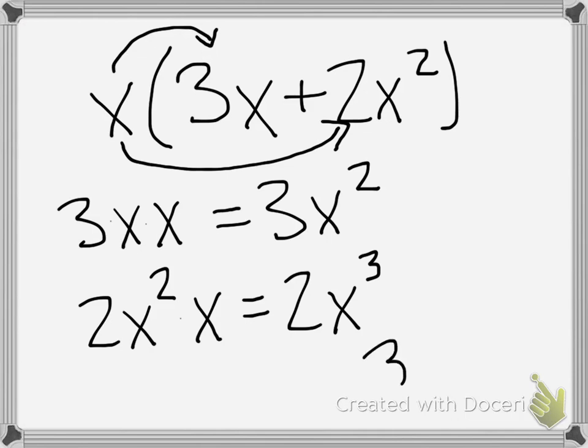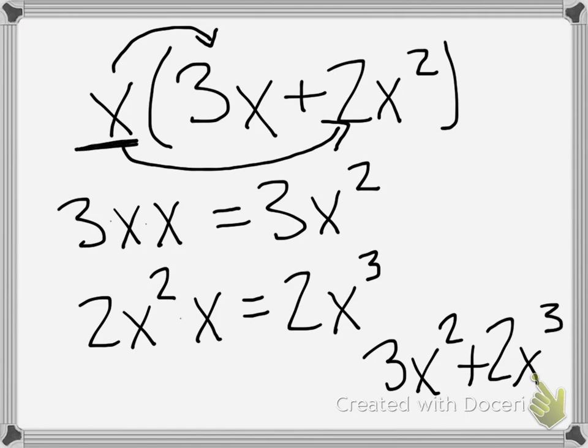So I have 3x squared plus 2x cubed. So when we're multiplying a monomial, a single term polynomial, with a polynomial that might have multiple terms, then we just multiply that monomial by each individual term of the polynomial one at a time, and we add them up.